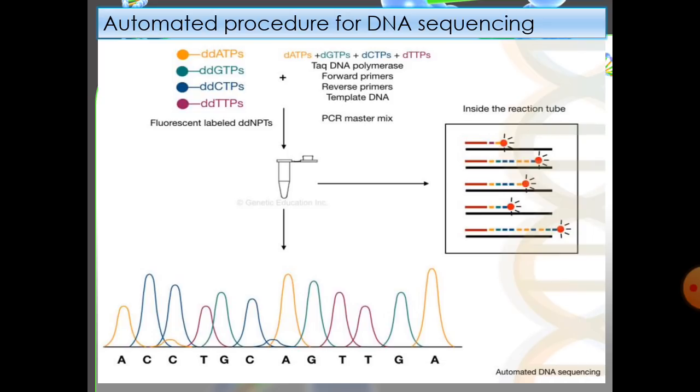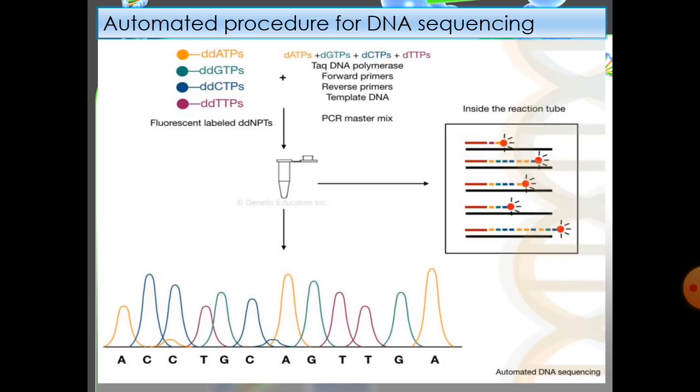So by using these labeled primers or the dNTPs, the machine reads the sequence accurately on a single lane capillary electrophoresis. Here we can sequence more than 300 samples in a single run on an automated DNA sequencing platform.